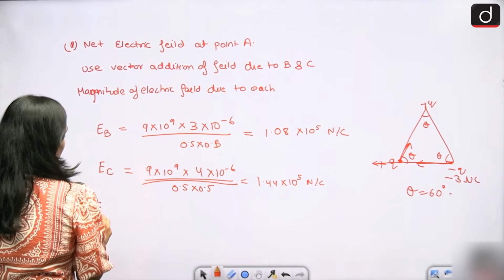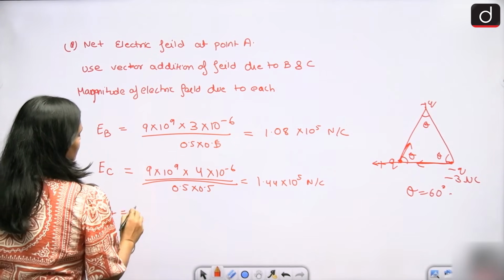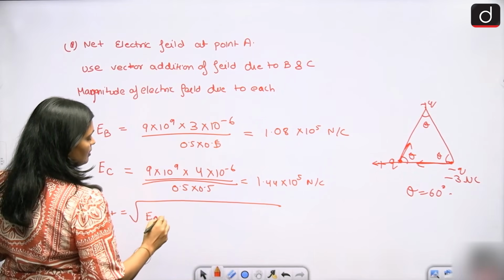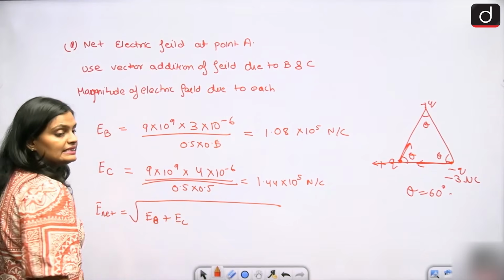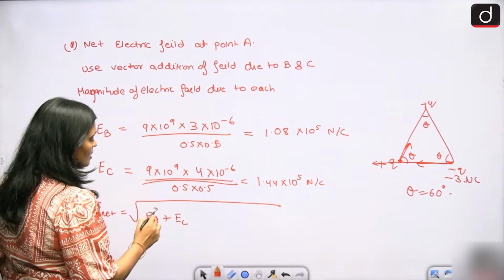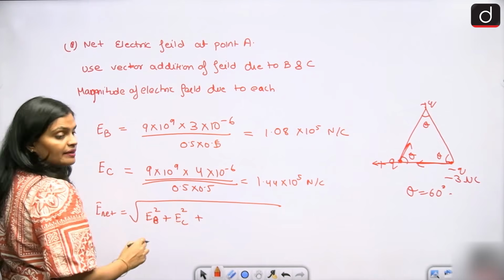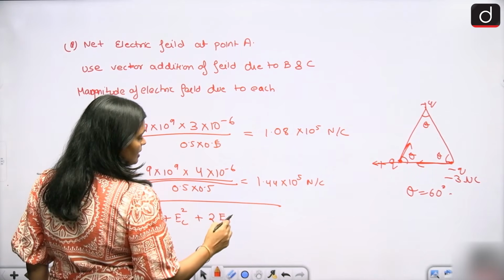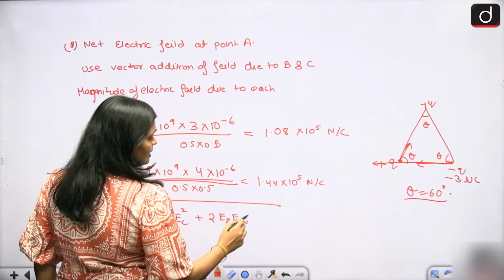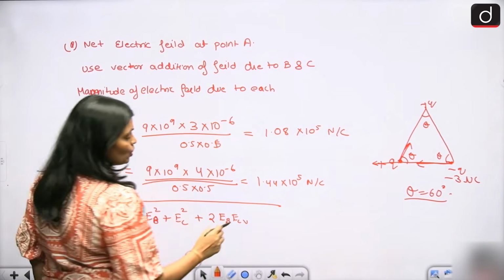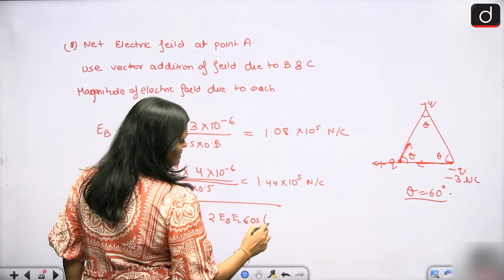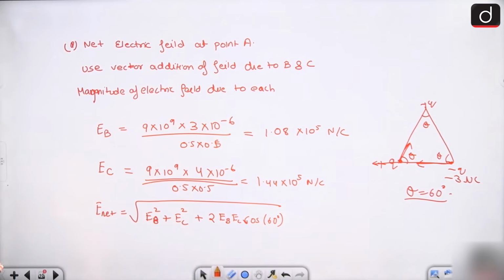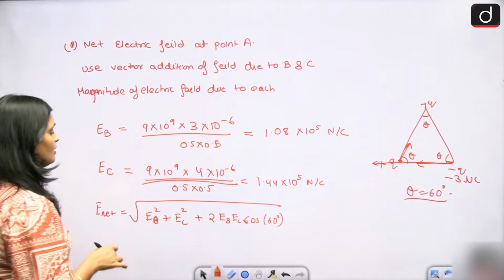Simply, net electric field is under root of EB square plus EC square plus 2 EB EC cos 60 degree. Simple. Now just put the value of each of them.